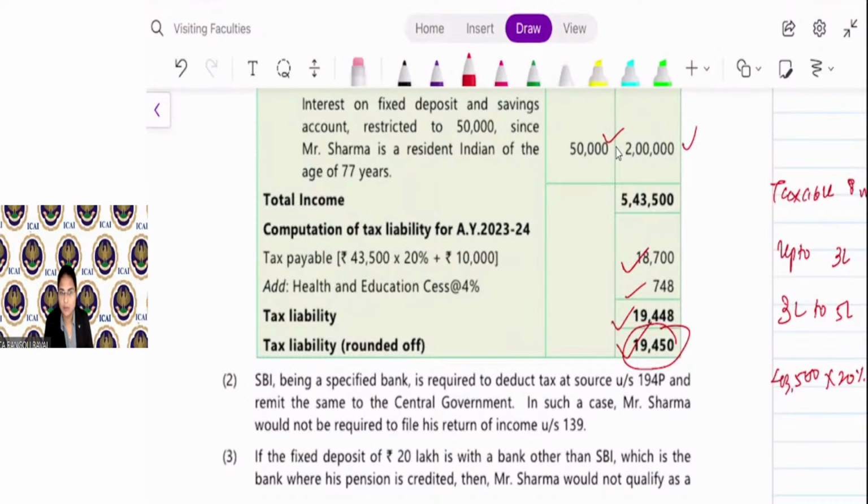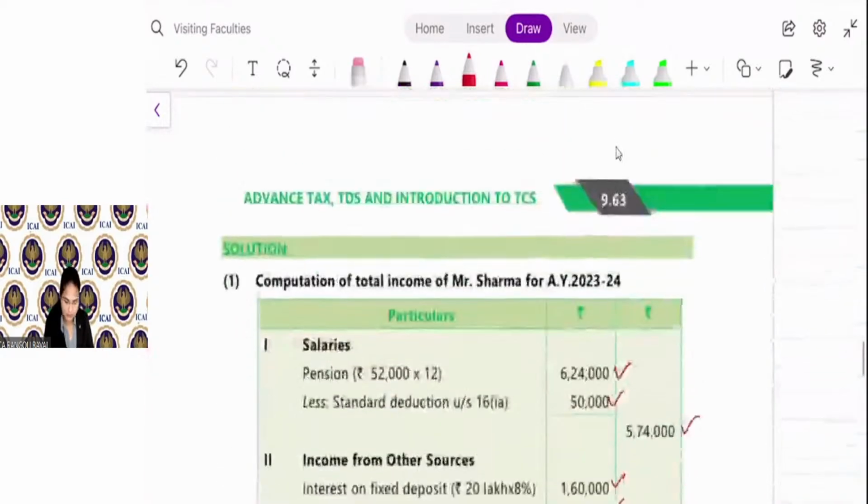How much tax is required to be deducted? The total tax liability, that is 19,450, and remit the same to the central government. So the tax liability which may arise on the income of Mr. Sharma is already deposited to the government. So now Mr. Sharma is not required to file a return of income under section 139. Clear, everyone?